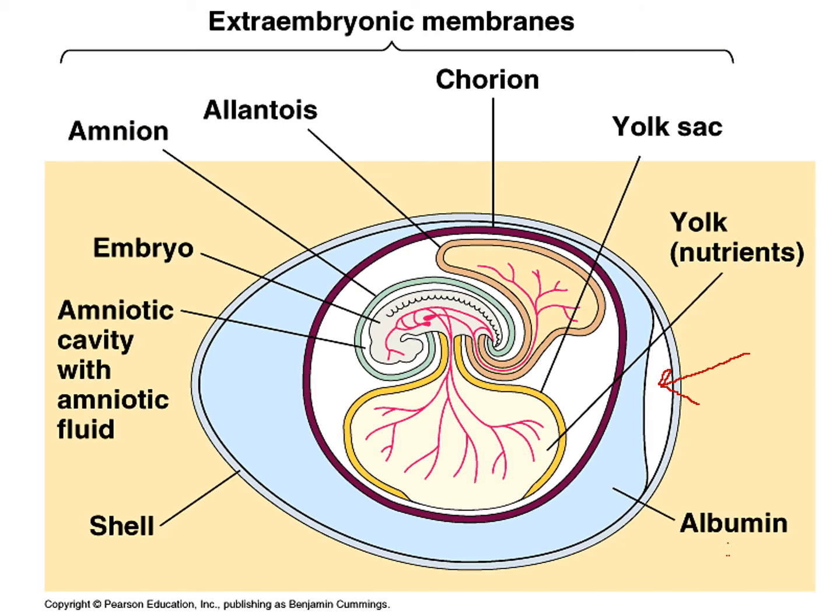Now the embryo itself is surrounded by an amniotic sac, and within the amniotic sac is fluid. What I find really fascinating is that the pH of that fluid, the salinity of that fluid is very, very similar to the ocean water that these vertebrates first evolved in.